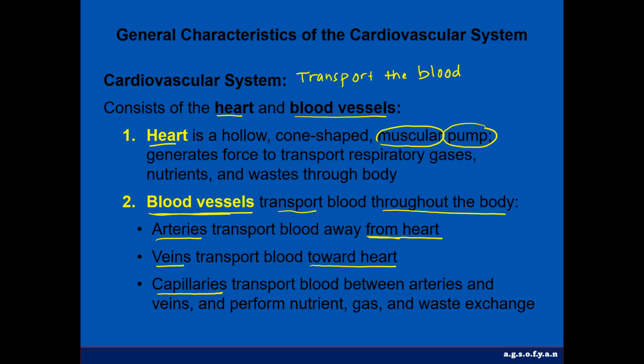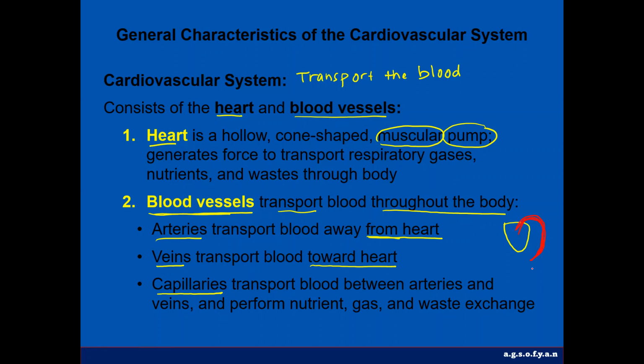So if we make a diagram, let's say this is the heart, then the blood vessel that goes out from the heart, I'm going to use a different color. Out from the heart, it is called the arteries.